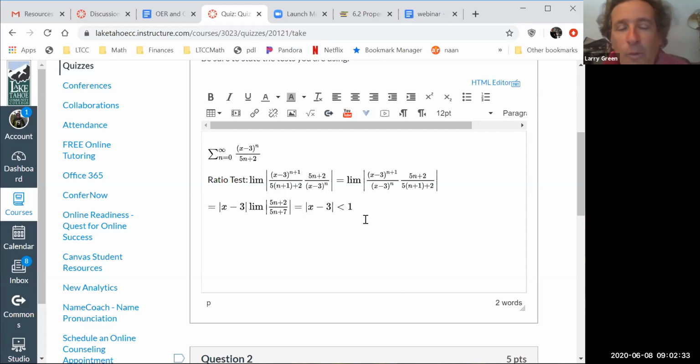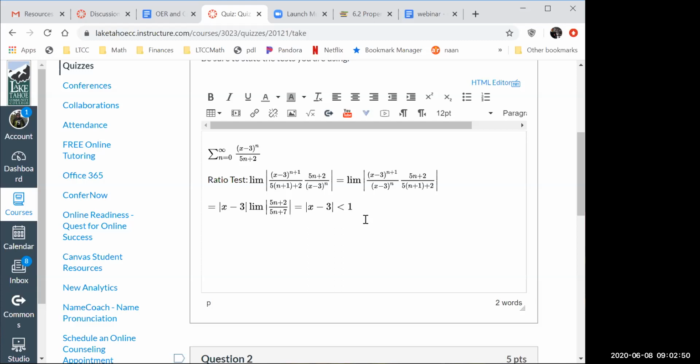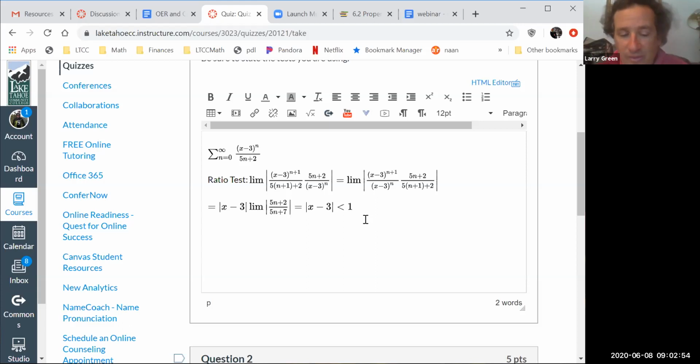For what values of x do I get this absolute value less than 1? There are two different values: 2 and 4.